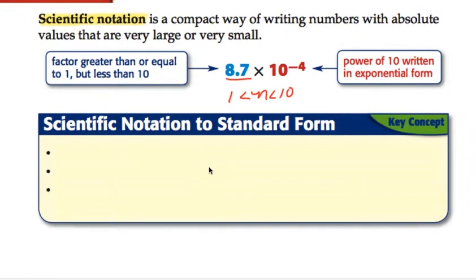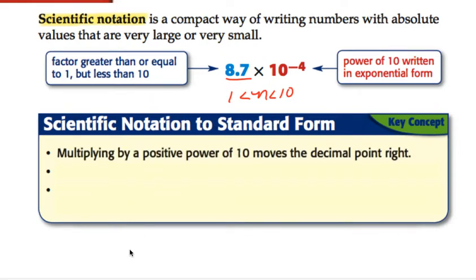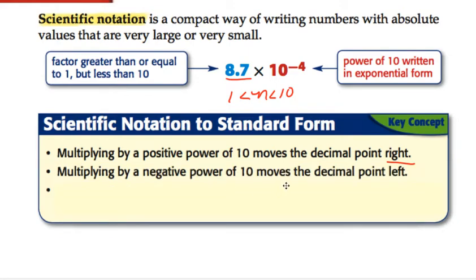So the rules for changing from scientific notation to standard form are this, okay? Multiplying by a positive power of 10 moves the decimal point to the right. Our second rule is that multiplying by a negative power of 10 moves the decimal point to the left.